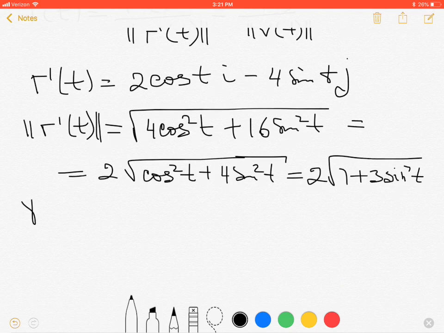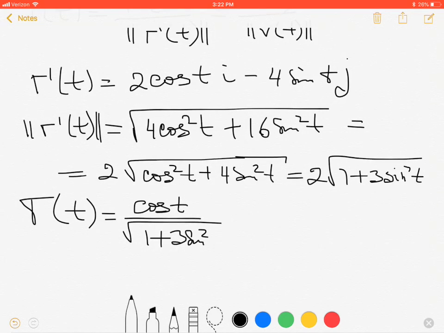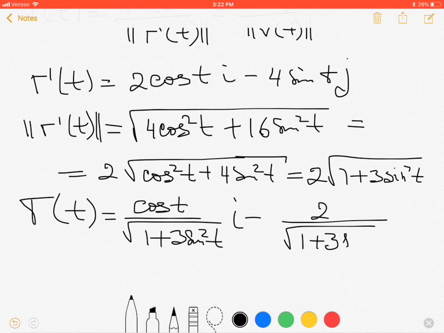This means the tangent vector will be cosine t over square root of 1 plus 3 sine squared t i minus 2 over square root of 1 plus 3 sine squared t j. The unit tangent vector we found, and then depending on what kind of point you have, you need to plug in, and you have t equal pi over 6.